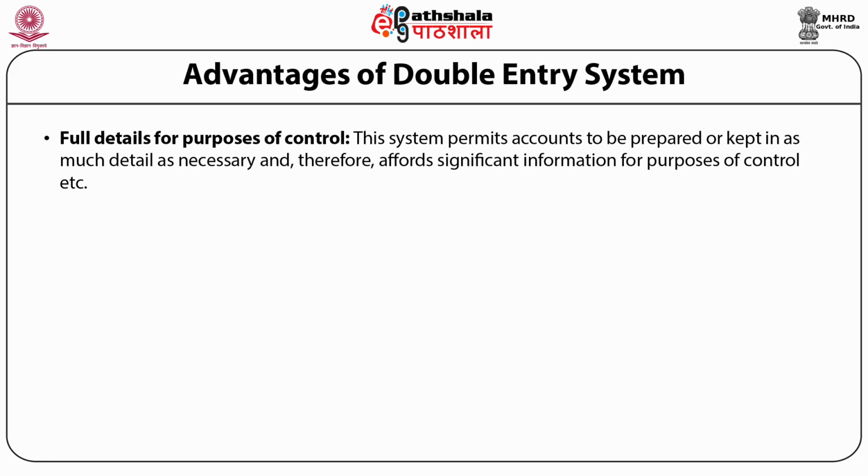Full details for purpose of control: this system permits accounts to be kept in as much detail as necessary and therefore affords significant information for the purpose of control, etc.